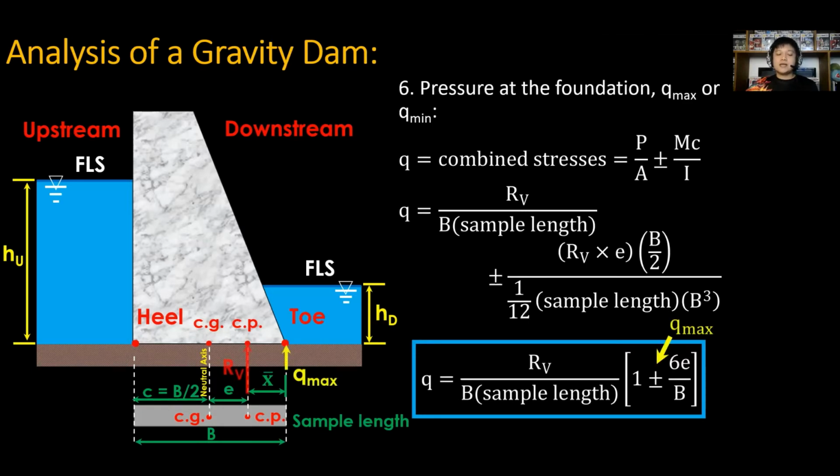The addition or plus operation represents Qmax or maximum pressure, while the subtraction or minus operation represents Qmin or minimum pressure.